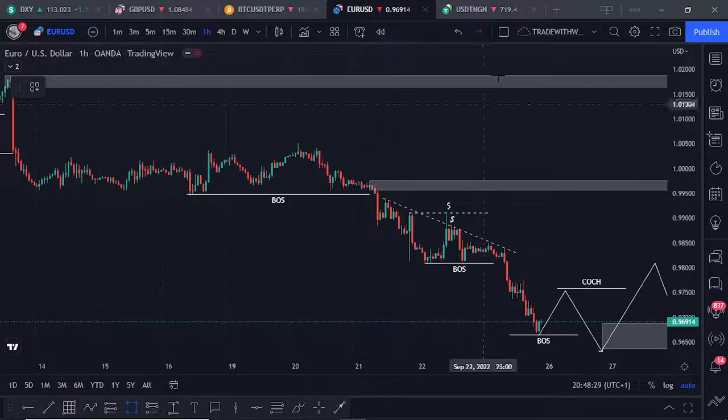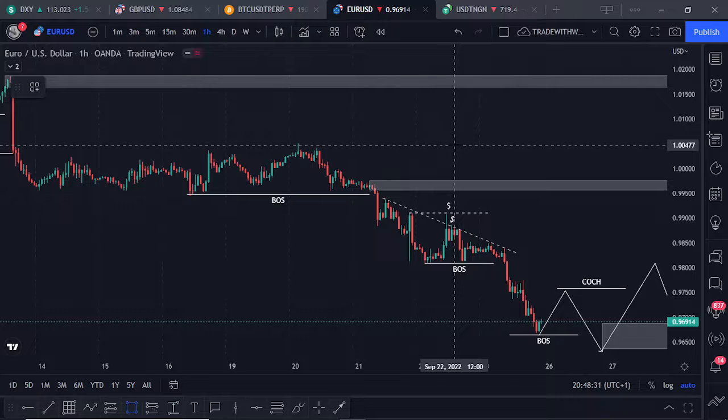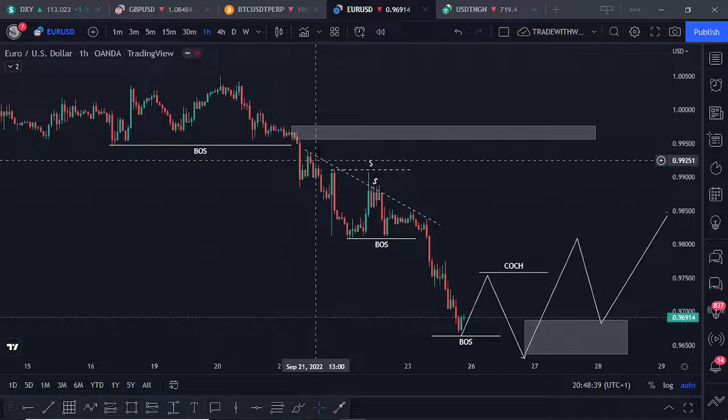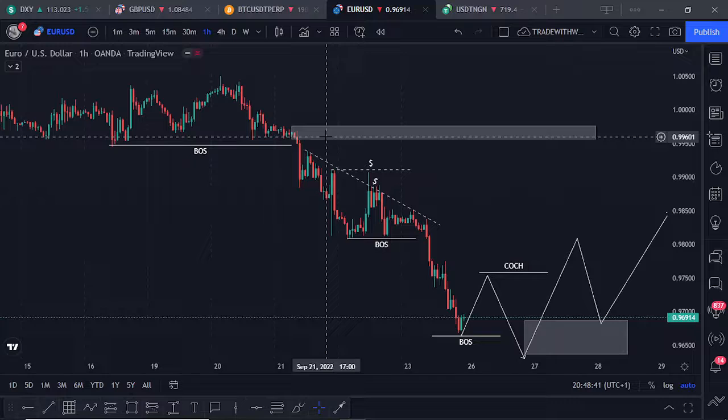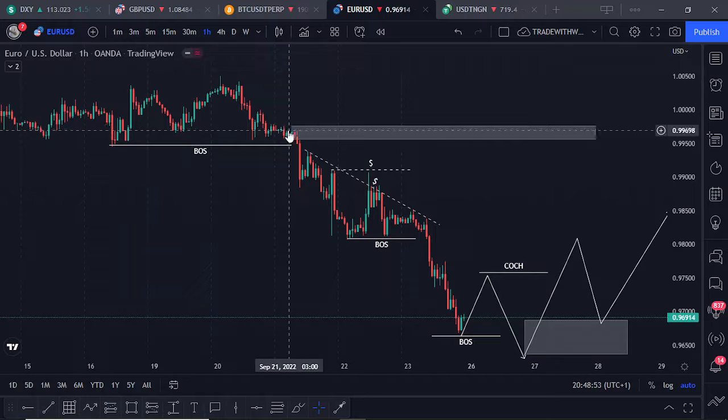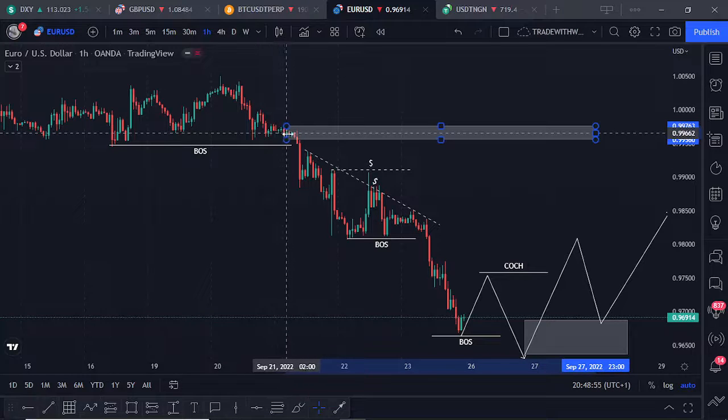Okay, that's the supply zone. Sorry, I want you to bring it down. Like at the top there, I'm seeing something like a mitigation candle, a buy to sell candle. The one exactly here.